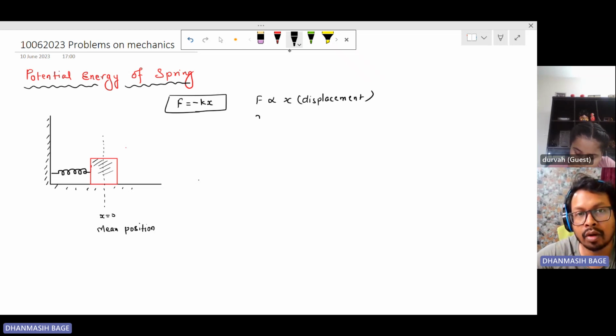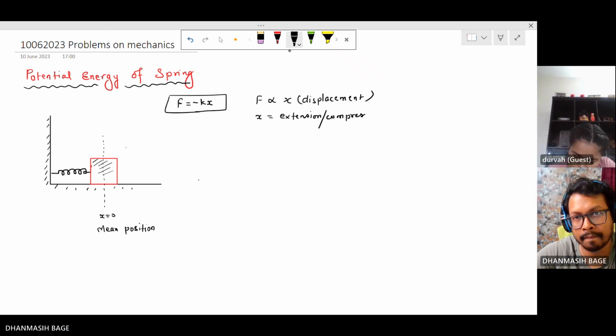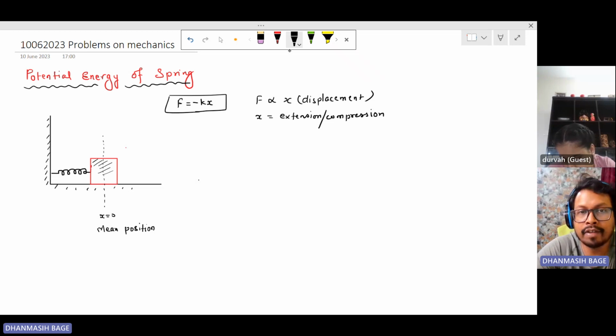X can be called extension or compression. That is what we mean by x. Whenever there is compression or extension in the spring, there is spring force. If the spring stands at the mean position like this, x is equal to 0, then force is also equal to 0.